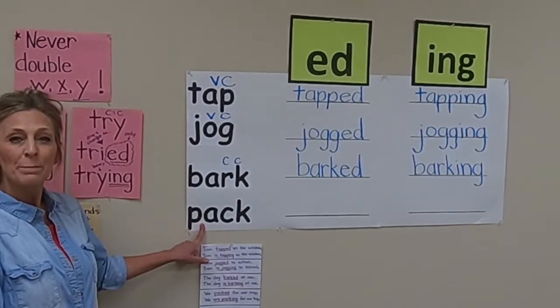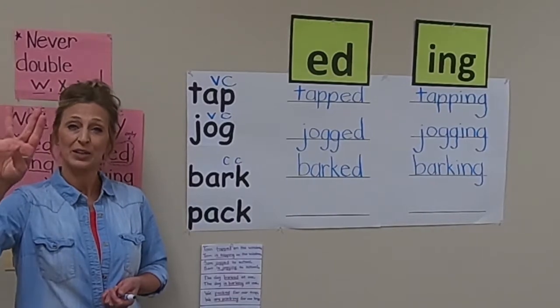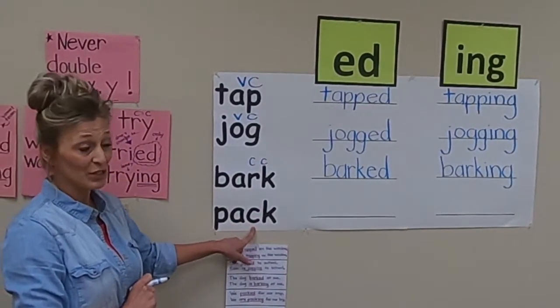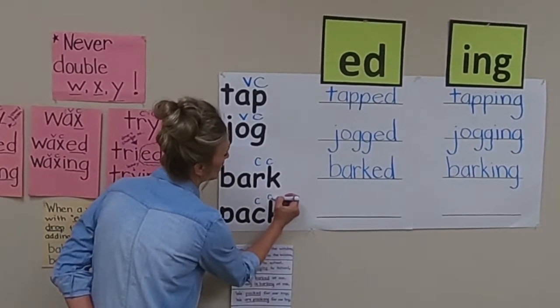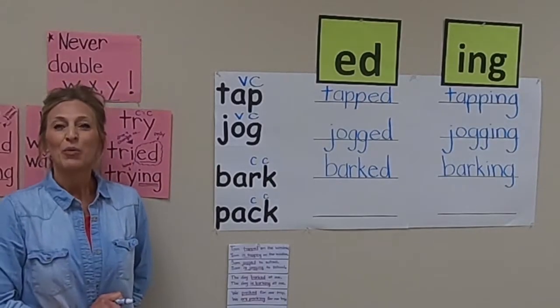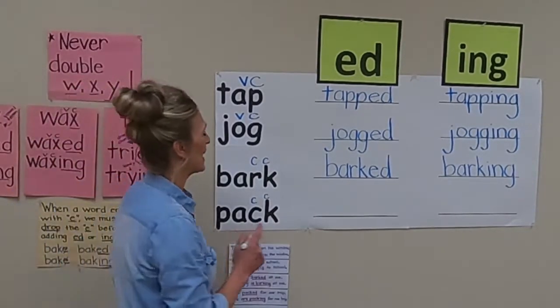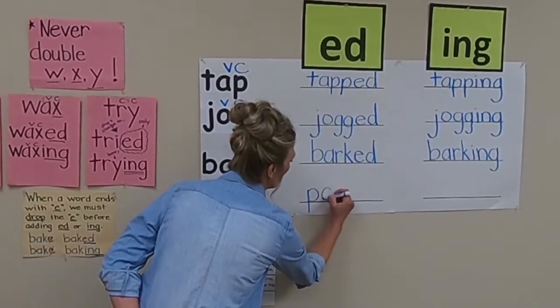Last word, pack. We sound it out. Pack. Pack. Look at the last two letters. It ends with a CK. C is a consonant and K is a consonant. When a word ends with a CC, all we have to do is just add ED. So I write my root word, pack.